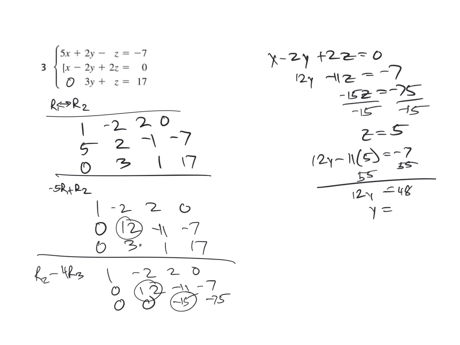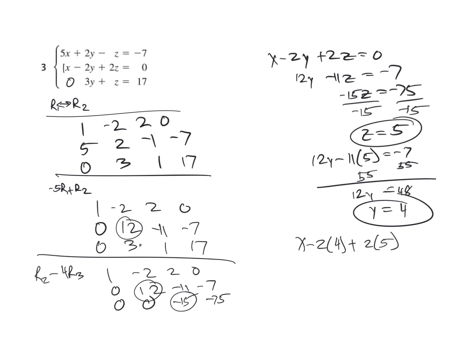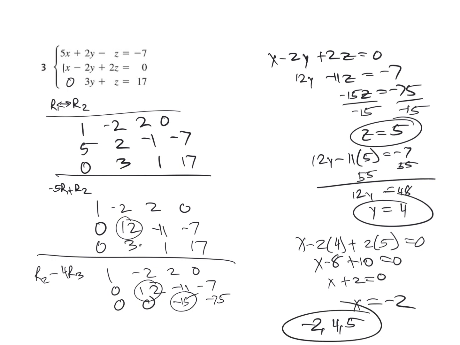Divide by 12, y equals 4. And then x minus 2 times y plus 2 times z equals 0. X minus 8 plus 10 equals 0. So x plus 2 equals 0. So x equals -2. -2, 4, and 5 would be your answer.